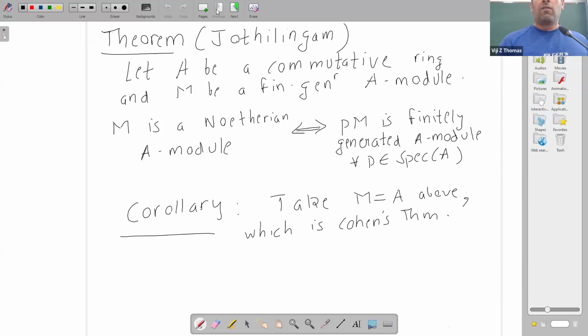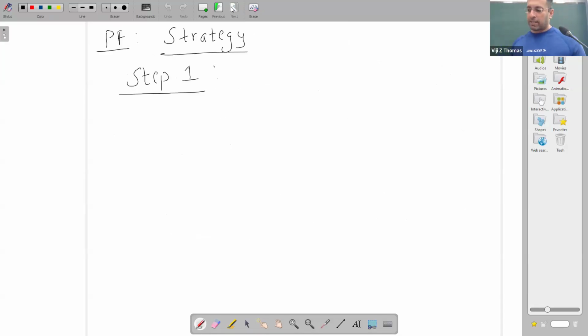Then, step one: we will find a submodule maximal with respect to being not finitely generated.